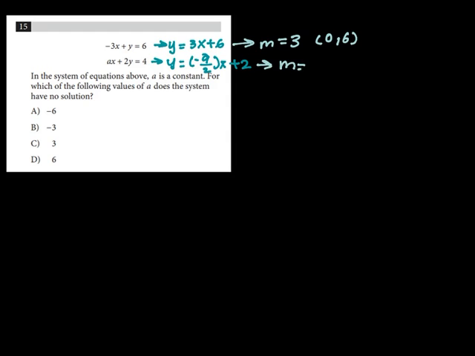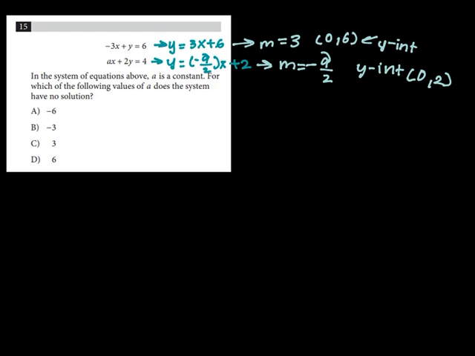And for the second equation, our slope would be negative a by 2, and our y-intercept, or our point where x is 0, would be 0, 2, because 2 is shown here.